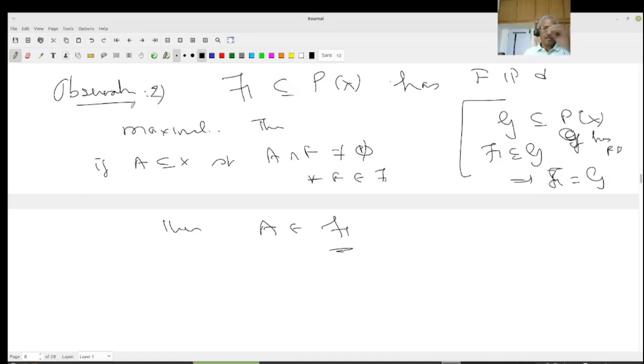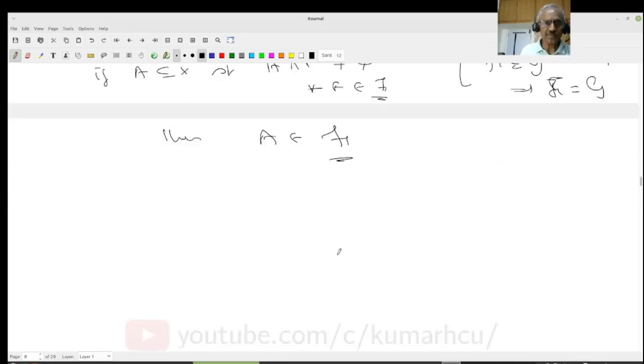If I'm given such an F, and there is a subset A of X so that A intersects each and every F non-trivially, that is, A intersection F is non-empty for every F in the family, then A itself has to lie there. This is a very trivial observation, and the proof is very easy.